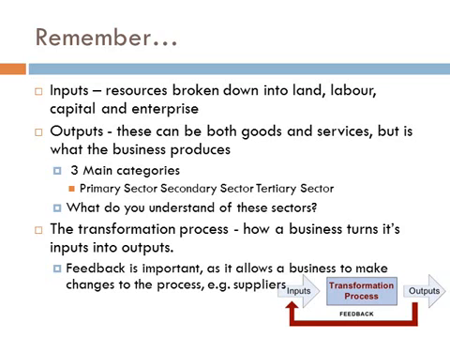Now you'll see here I've added to this diagram feedback as well. So the final part of the transformation process is feedback. Feedback of information is used to adjust this process in the future. For instance, a retailer might rely on feedback from its customers about the quality of its goods and services. So adverse feedback on the product might lead to a retailer switching to a different supplier.